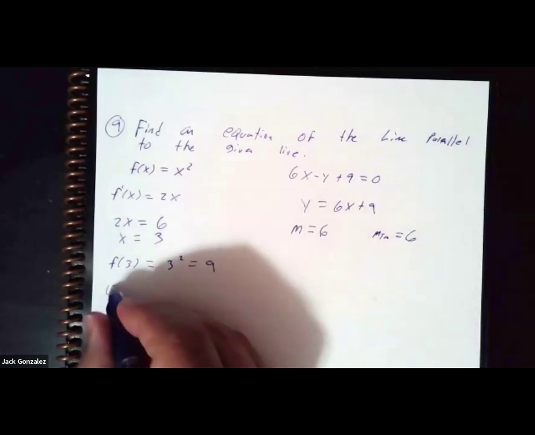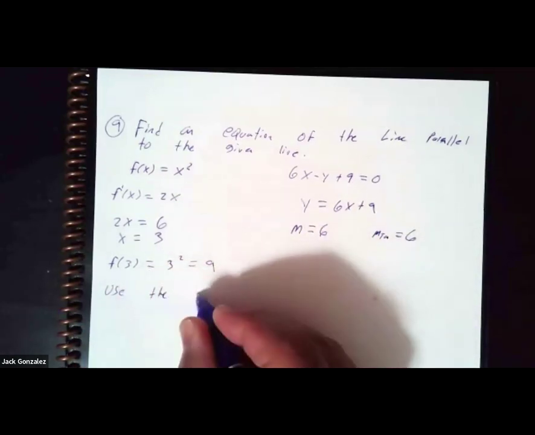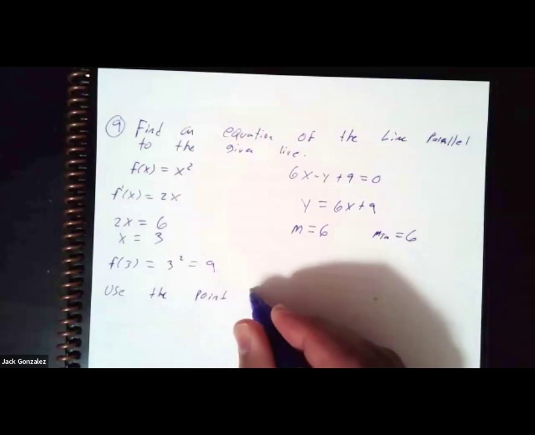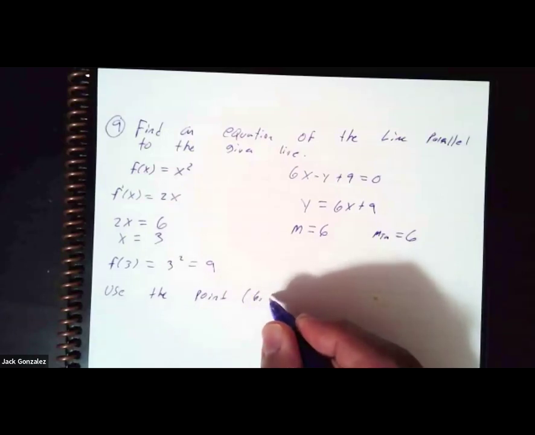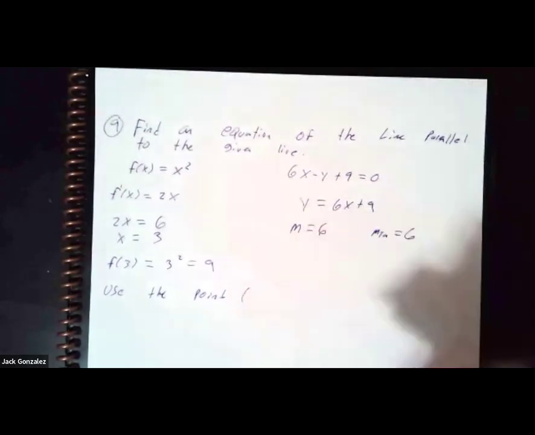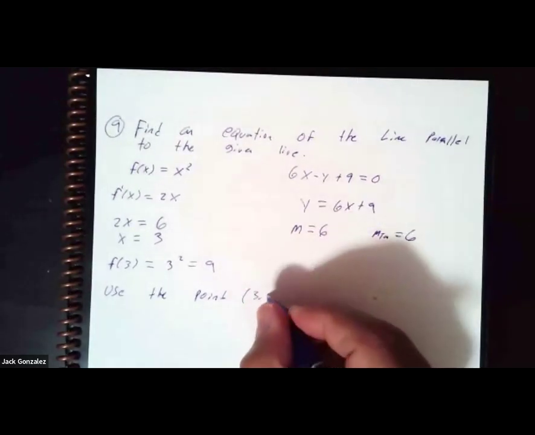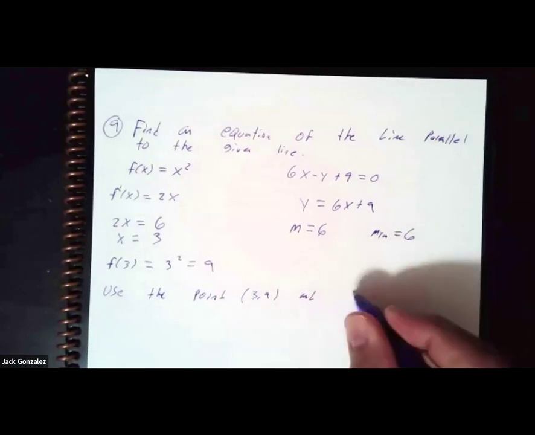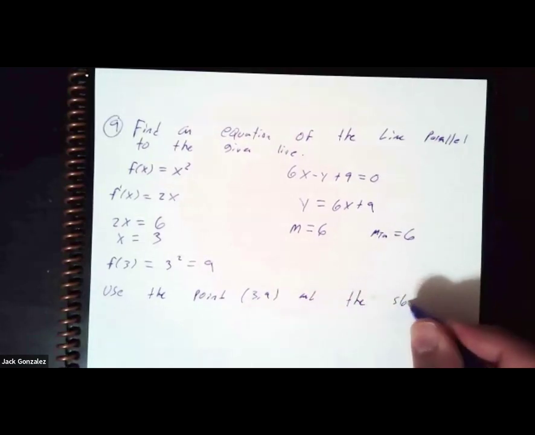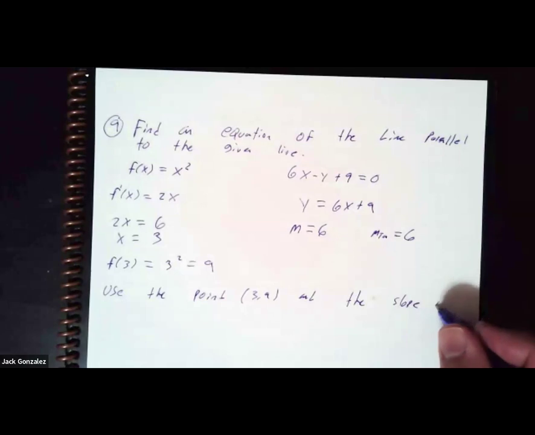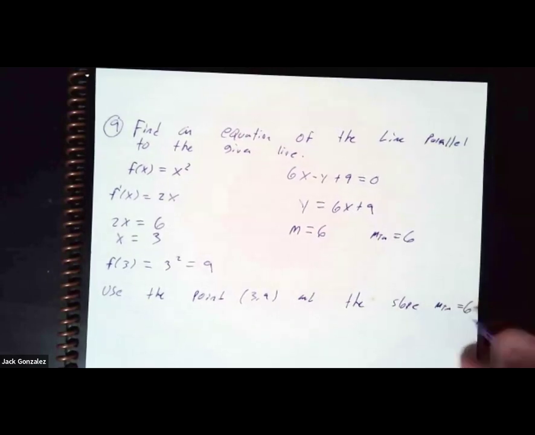So use the point 3 comma 9, I'm sorry, and the tangent slope of 6.